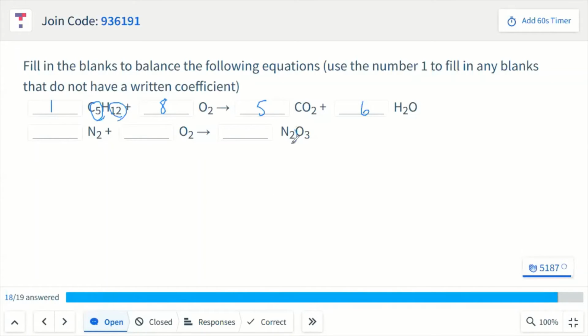Same thing over here. The double coefficient should have led us in the right direction. I needed 3 oxygens and 2 nitrogens to balance this out. So initially you may not have gotten exactly that, but if you recognized that you had a situation with a 3 and a 2 there, you're going to have to come to the lowest common multiple between them.